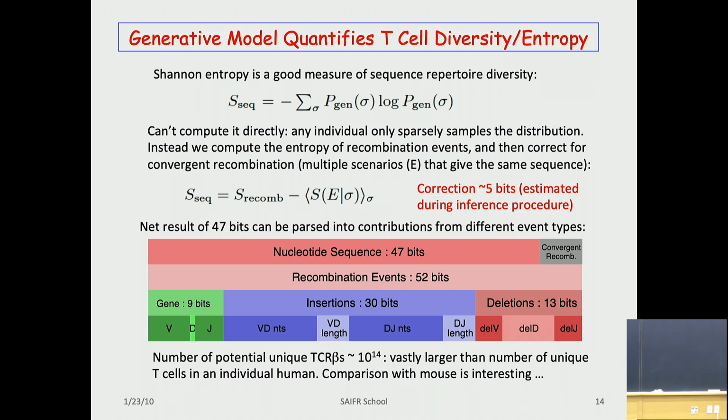And so for purposes of advertisement and thought, it's worth knowing that the diversity is 47 bits, okay? That tells you that there's a rather large number of potential T-cell receptor sequences out there, and it's interesting that it's large compared to the number of T-cell clones that you actually have in your body. All right, so if we were interested in quantifying the diversity, we can do it now.